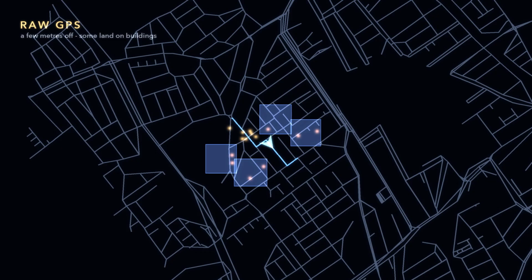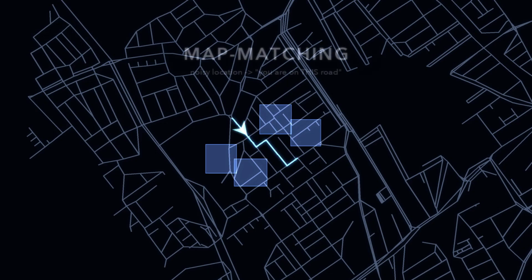It looks at the trail of recent points, compares it to the road network, and figures out the most likely road you're actually on. Then it snaps you to it. That step, turning noisy location guesses into "you are on this road," is called map matching. It's why the little arrow glides smoothly down the street instead of hopping through people's back gardens.